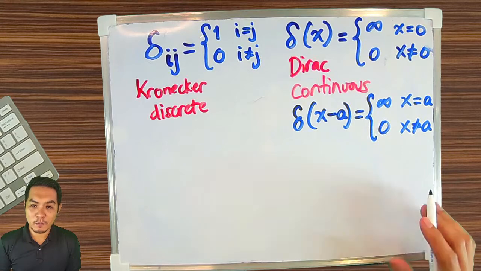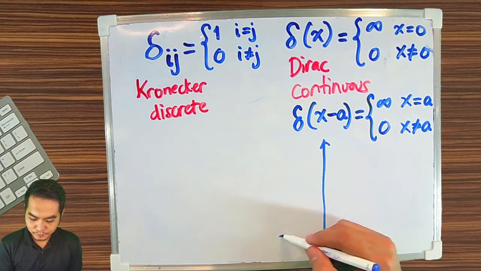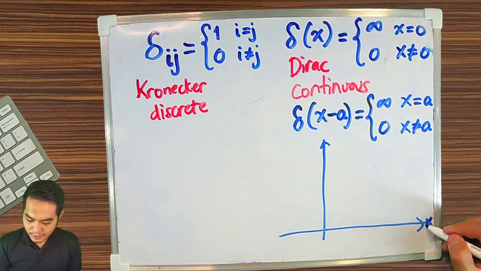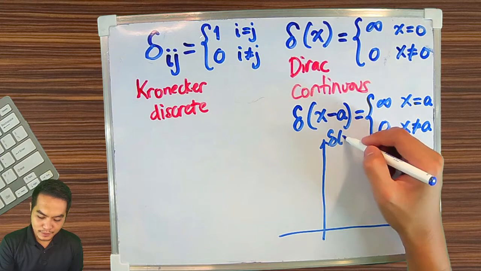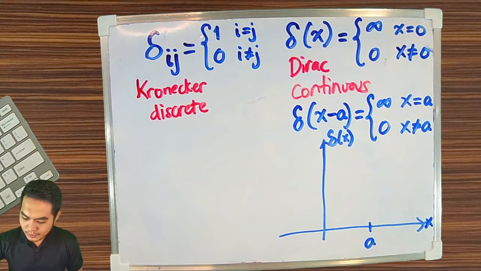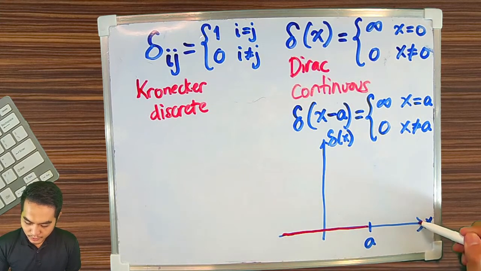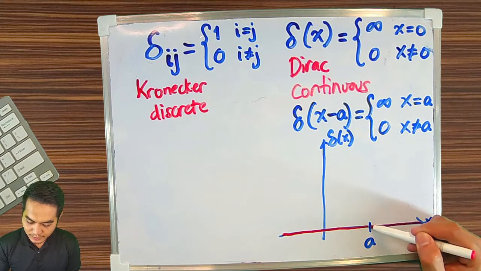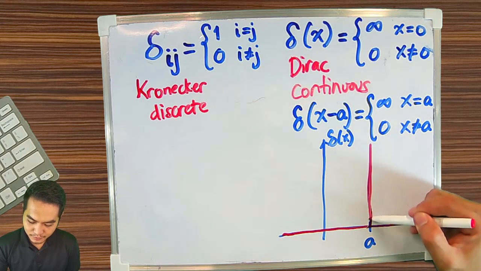If you plot the Dirac delta function, this is the x-axis and this is our delta function, a function of x, and say this is a, then basically it's 0 everywhere except at x equal to a, where the value is infinity.